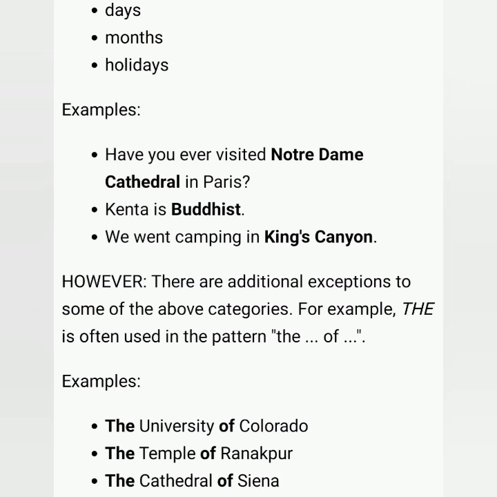Example: have you ever visited Notre Dame Cathedral in Paris? Kenta is a Buddhist. We went camping in Kings Canyon. However, there are additional exceptions to the above categories.